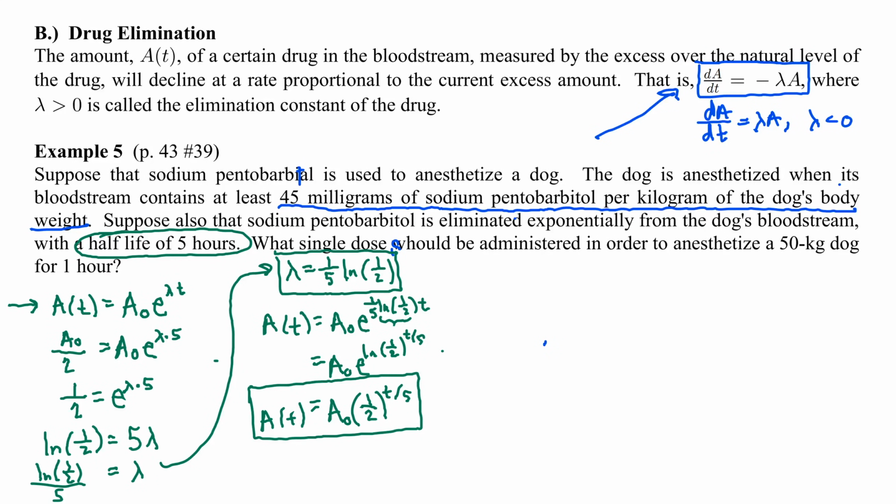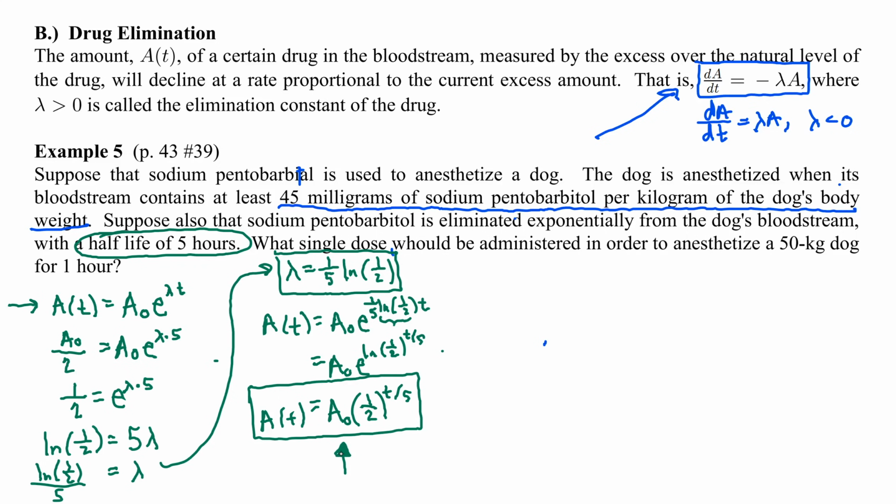Now that we have a specific model, let's go back and revisit the question and see what we can do about it. It says, what single dose would be administered in order to anesthetize a 50-kilogram dog for 1 hour? What single dose? So what initial amount should we give this dog so that he remains anesthetized for 1 hour?